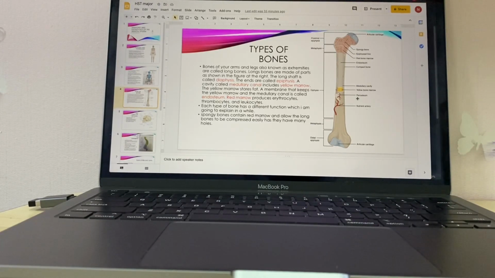The yellow marrow stores fat. And then we have the spongy bone. The spongy bone helps the bone compress easily because it has many spaces. The spongy bone also contains the red marrow, and the red marrow produces blood cells. It produces red blood cells, white blood cells, and platelets.